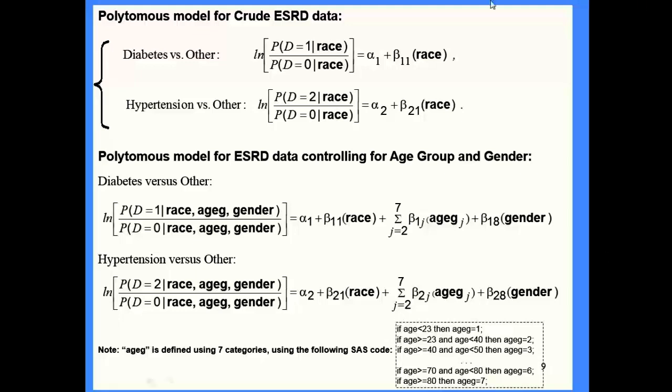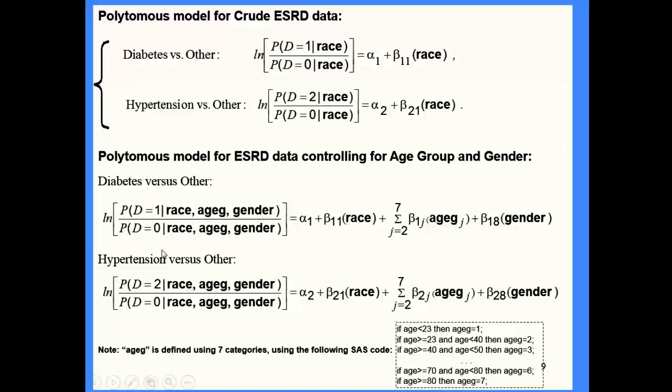So the way to generalize these two component models when you have variables to control for is to write 2 component models, but now you add to the models those variables you want to control for. So now this is the polytomous model when you're trying to control for age group and gender. Age group has 8 categories, so 7 dummy variables.